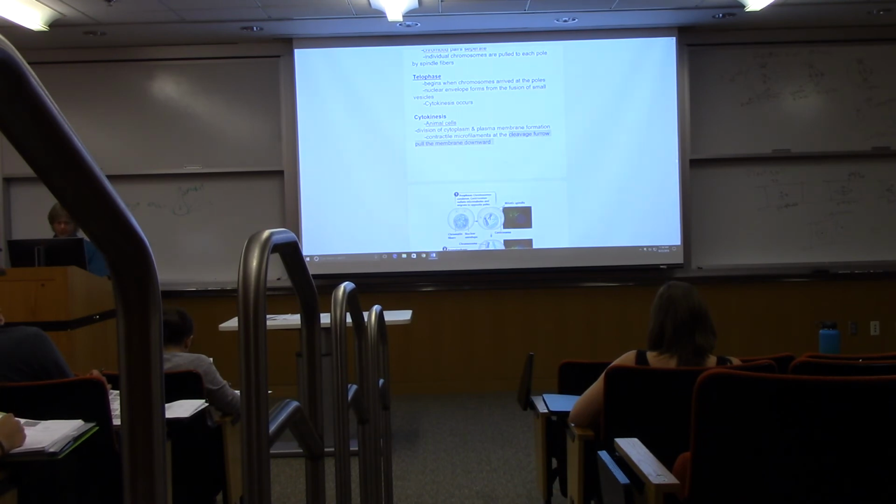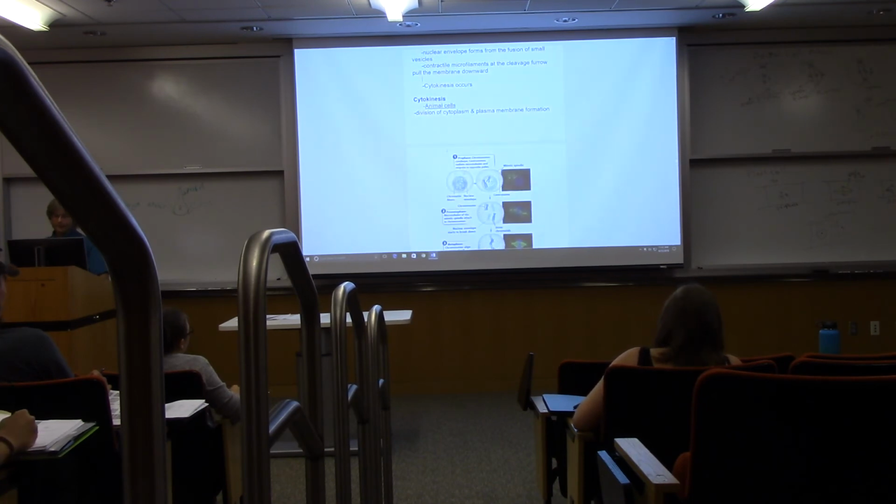Others put it in the, so to keep it with my diagram, I'll put this under telophase. The cleavage furrow appears. The actual splitting of the cell.